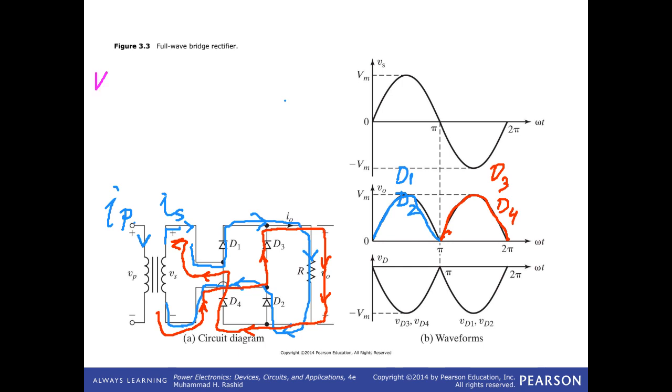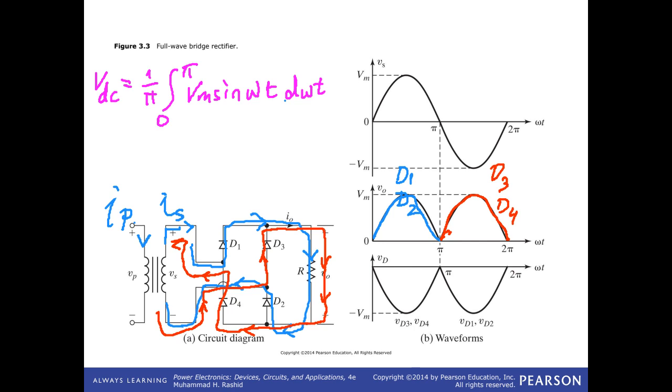VDC is equal to R over pi. Why did I write it like this?